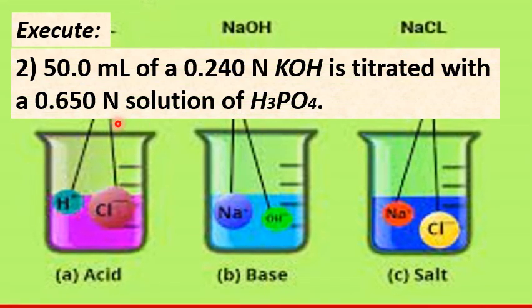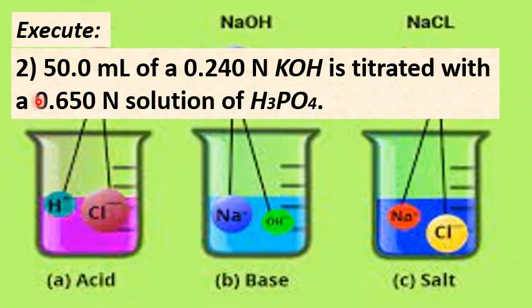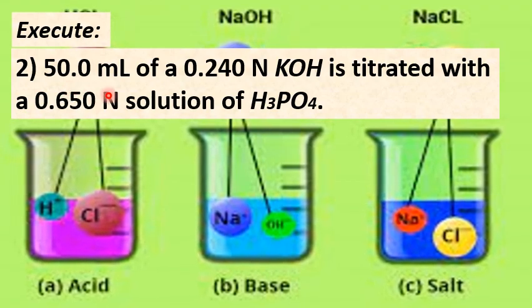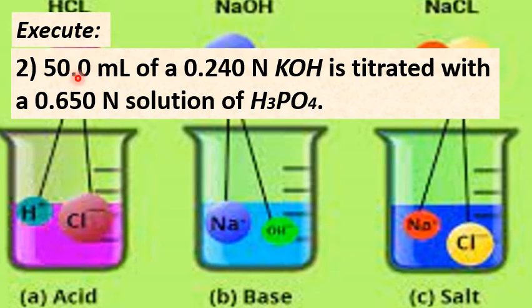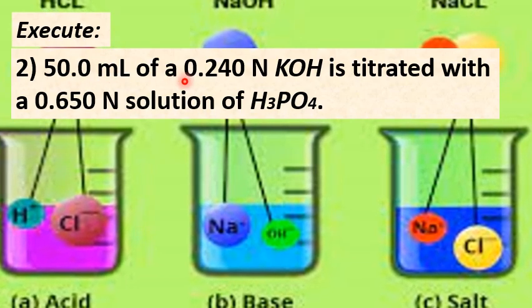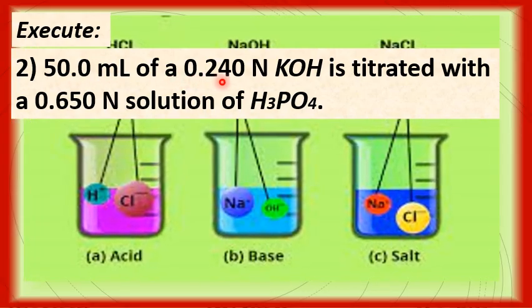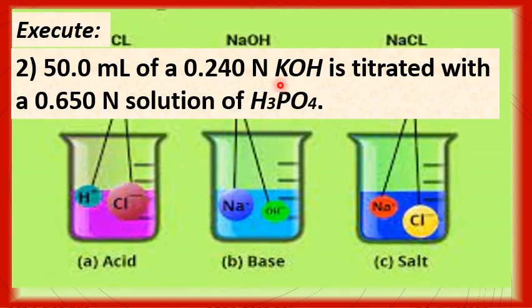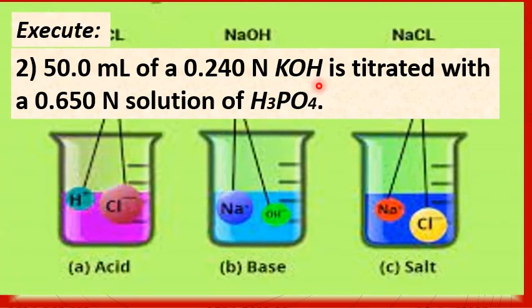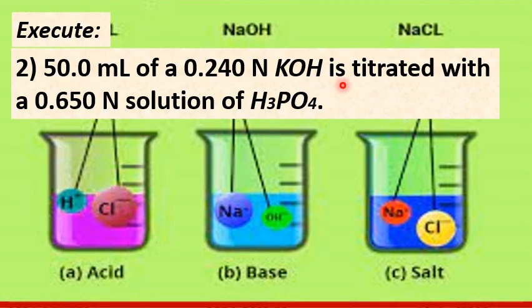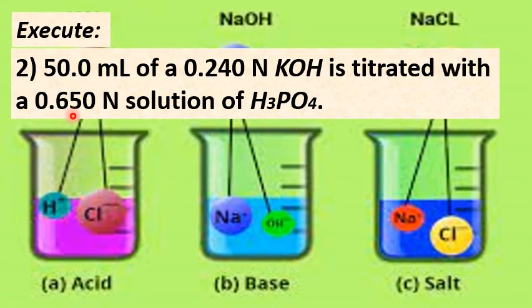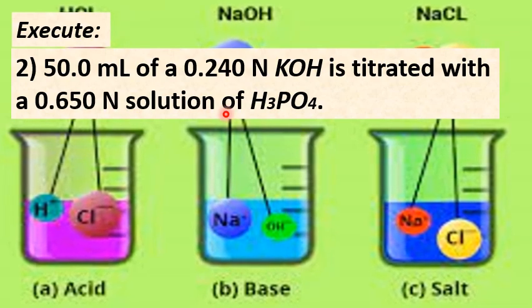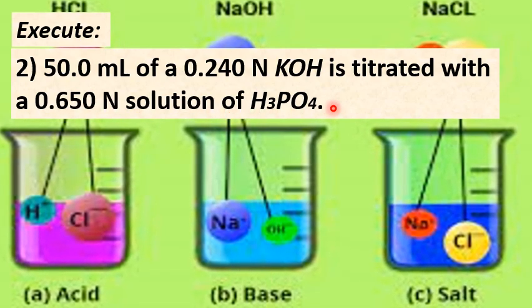And lastly, we now answer question number 2, where we are given 50.0 mL of a 0.240 normal potassium hydroxide solution, which is titrated with a 0.650 normal solution of phosphoric acid.